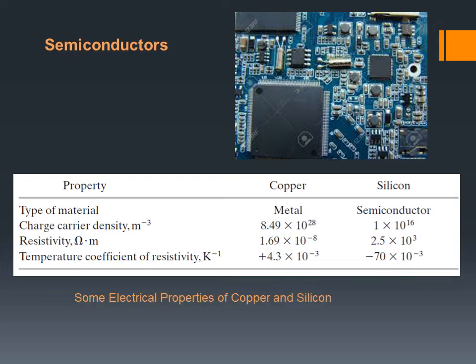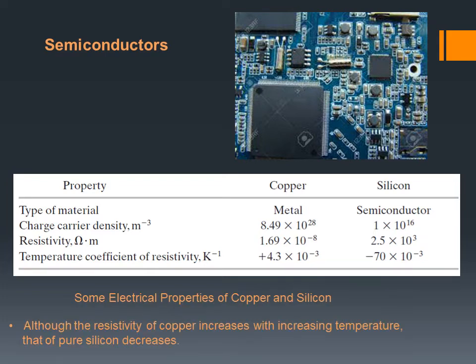you know that the resistivity of copper increases with increasing temperature, that of pure silicon decreases. If you increase the temperature of copper, resistivity increases. But if you increase the temperature of the silicon, the resistivity decreases.